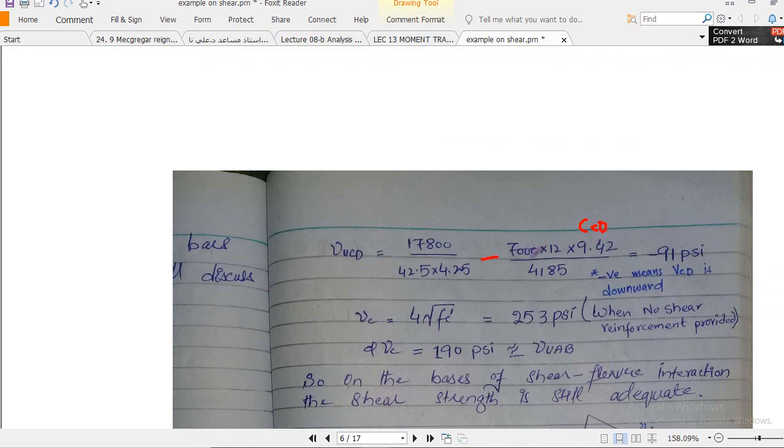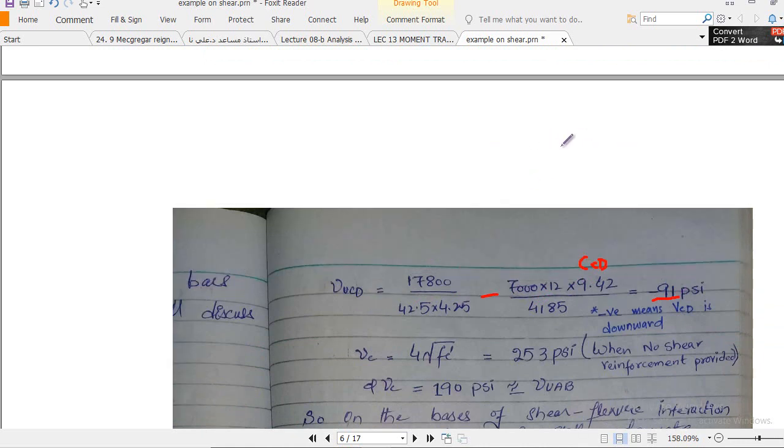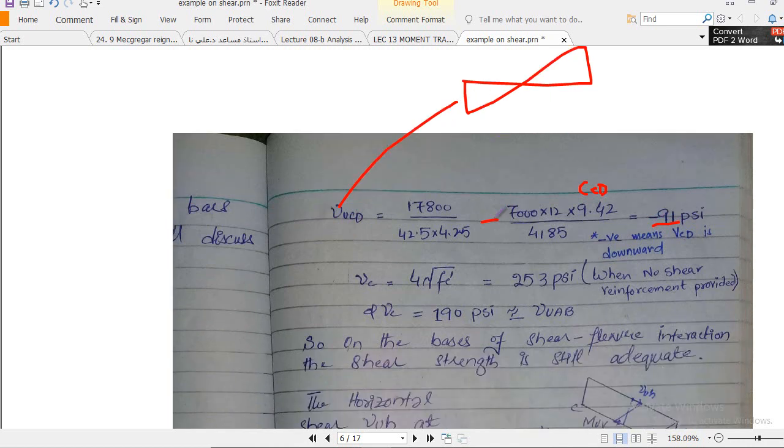The rest of the values are the same, and you see minus 91. So that designation you must remember, this is my VUAB, and now it is negative. Sometimes it may be positive; in the next example you will see this value be positive, but in this example it is negative, right?